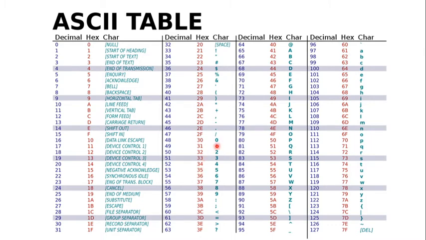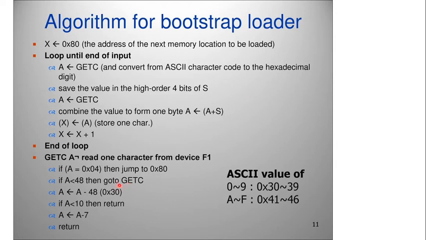So we'll be considering only 0 to 9 and A to F. So whenever you read a particular character, suppose you read 6, the decimal equivalent of it is 54. When you read E, the decimal equivalent of E is 69. So based on those values, you will be comparing with 48.